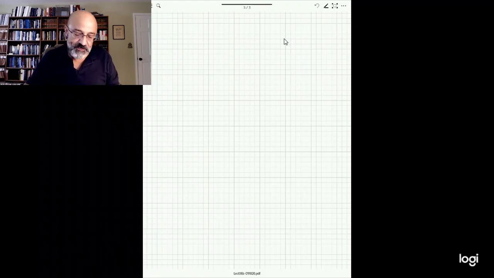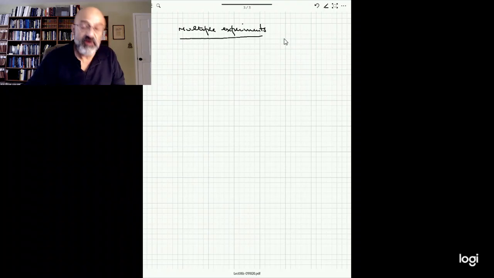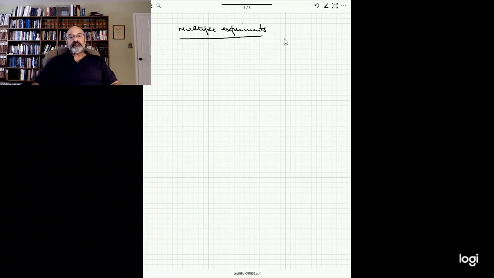What happens when you have multiple experiments? One of the simplest and most reasonable ways to increase the accuracy of your measurements is by repeating the measurement many times.